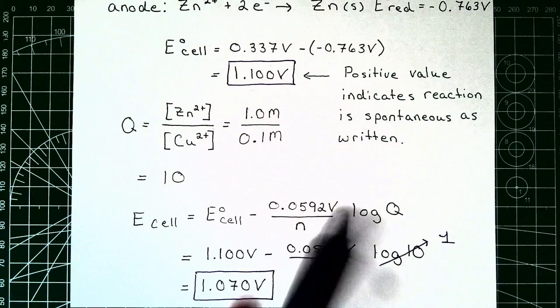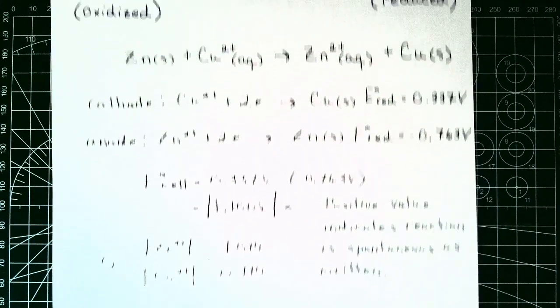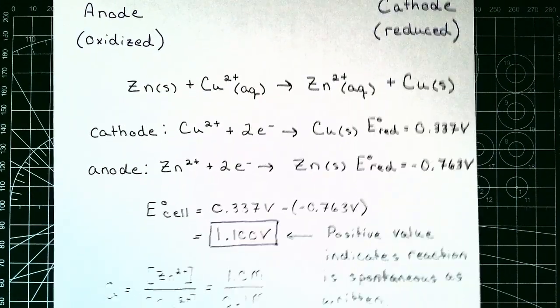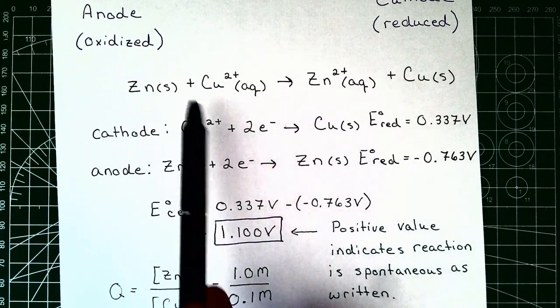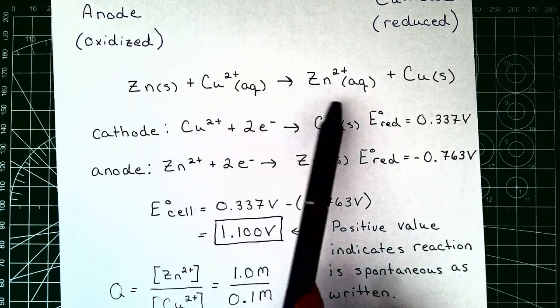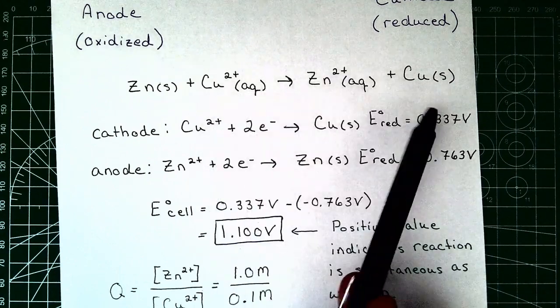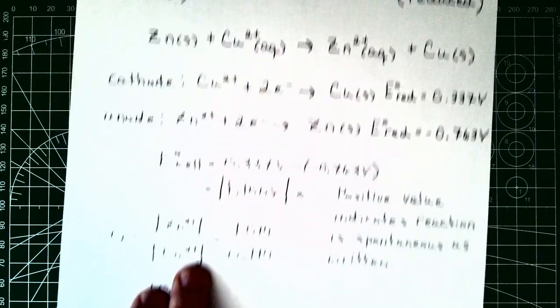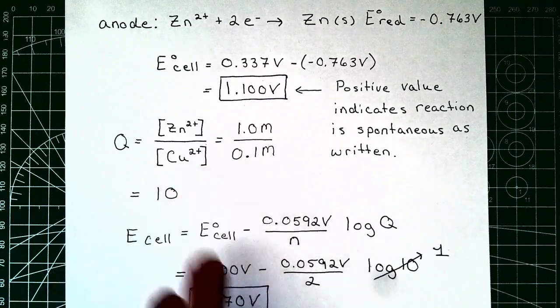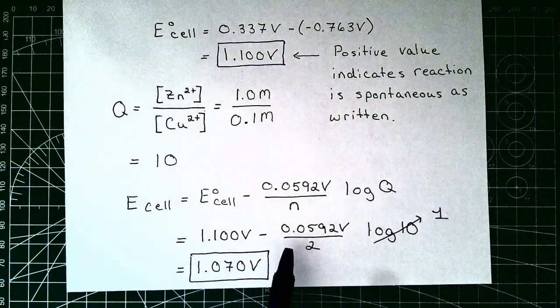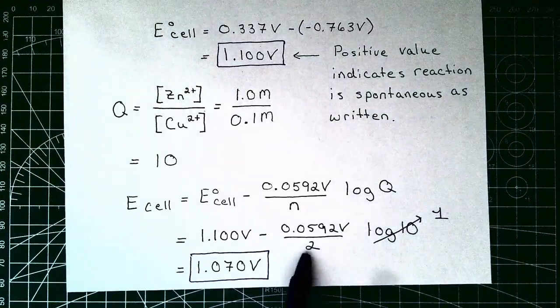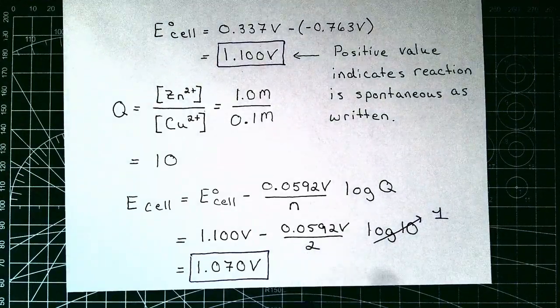Okay? If we look at our reaction and our half cell reactions, we can see that we're transferring 2 electrons. Right? We're going from a neutral state to a +2 state. We're going from a +2 state to a neutral state. So I will plug in the 2 for the 2 moles of electrons being transferred.